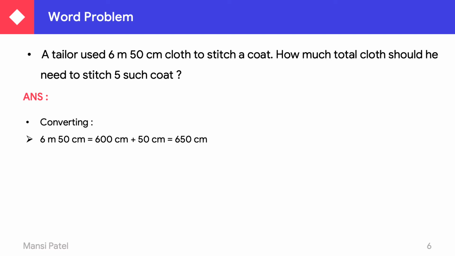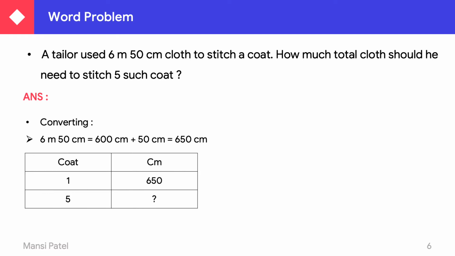After that we have to use the unitary method, because from one coat's cloth, we have to find out for 5 such coats. Therefore, first we write down coat, and we have to find out the centimeter for the 5 coats.